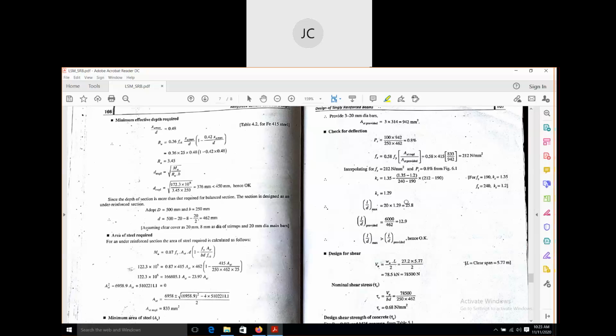Okay, so I have shared the PDF with Shiroda and your common CR group. Okay, so all of you do one thing. You open the PDF and you take your IS456 with you, because without the IS code you cannot solve this part. Okay, without using the IS code, you cannot solve this part.